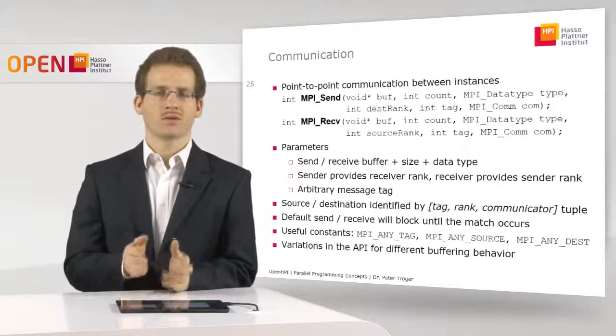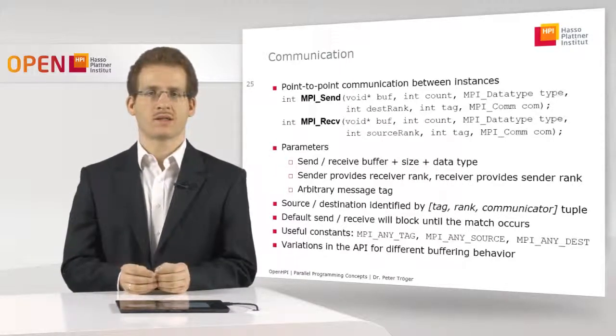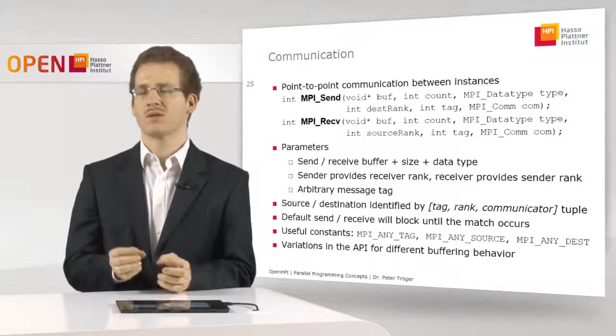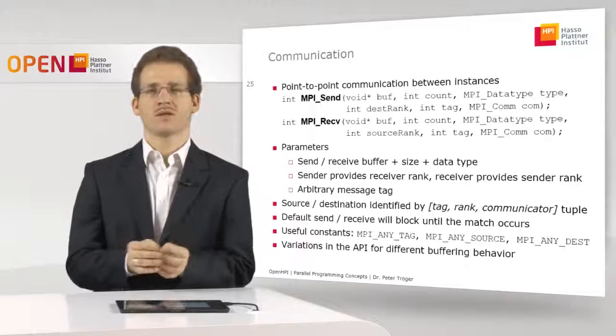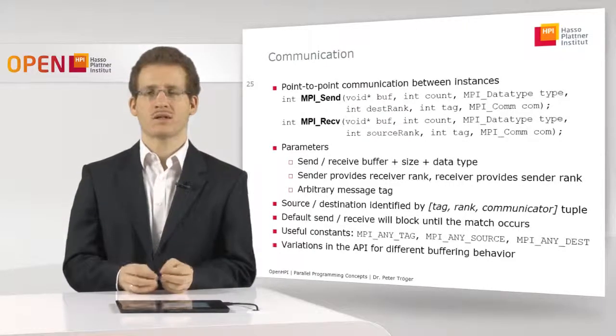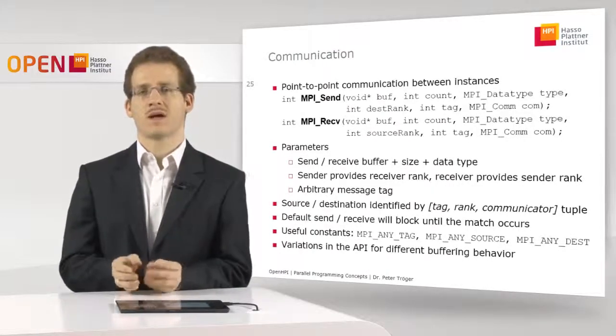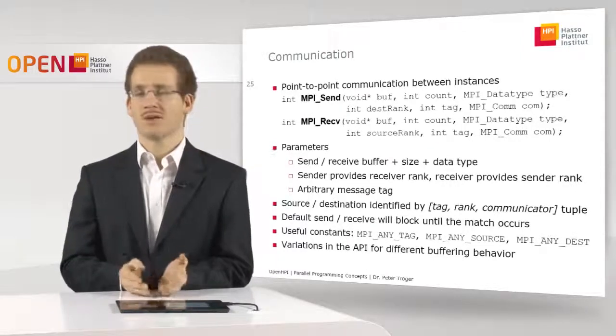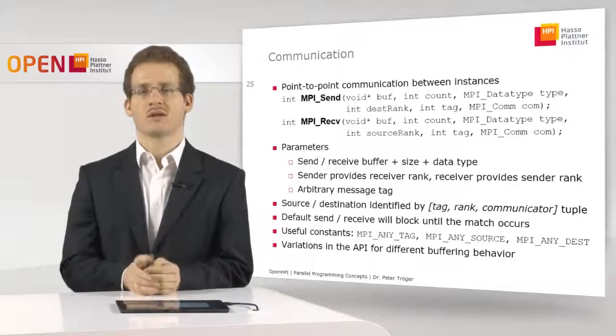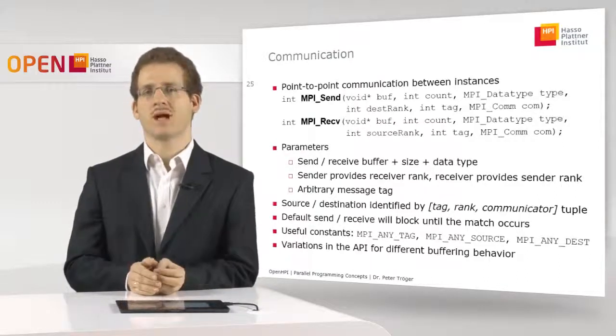In the default send-receive semantics, the idea is that you always need to have a matching receive for a particular send. So tag, rank, and communicator of send and receive must match so that a real message transfer happens. If you don't have such a match, then the sender or receiver application will block in the particular call until the sending and receiving happens.